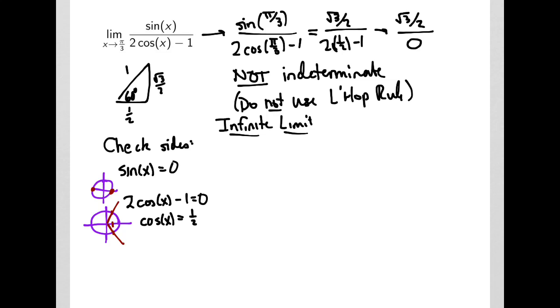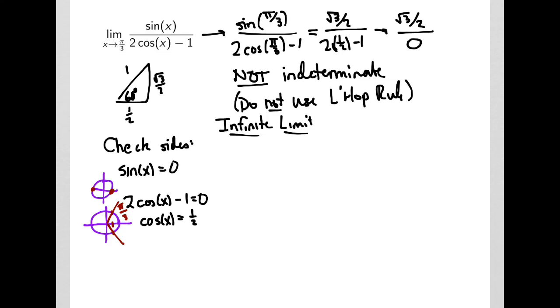We have angles here that look like pi over 3 and negative pi over 3. Now all we need is the angle close to pi over 3.